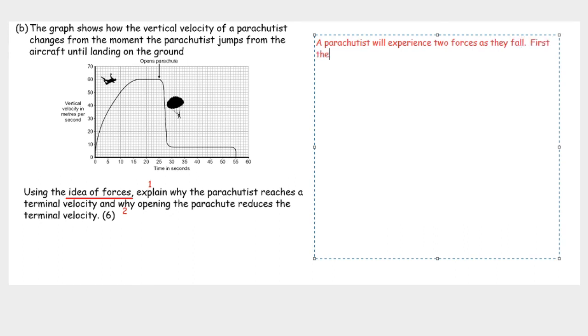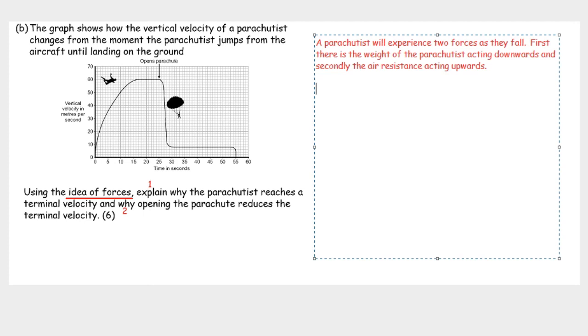First, there is the weight of the parachutist, which acts downwards, and secondly the air resistance acting upwards. So there I've started off by talking about my two forces, and I've said which direction they're going in, and I'm now ready to go into number 1.